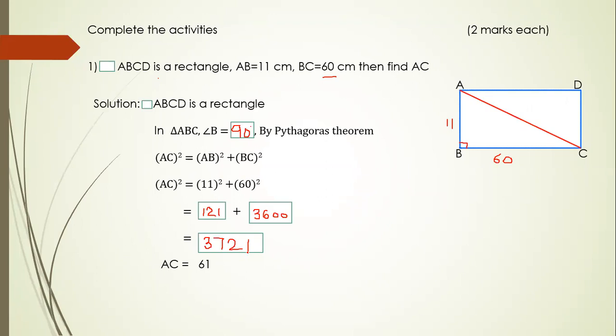So in the next step, they have taken out the square root on both the sides. So AC is a square root of AC square and 61 is a square root of 3721. So only by filling these boxes, you can easily score 2 marks in the exam. Just go through the sum.